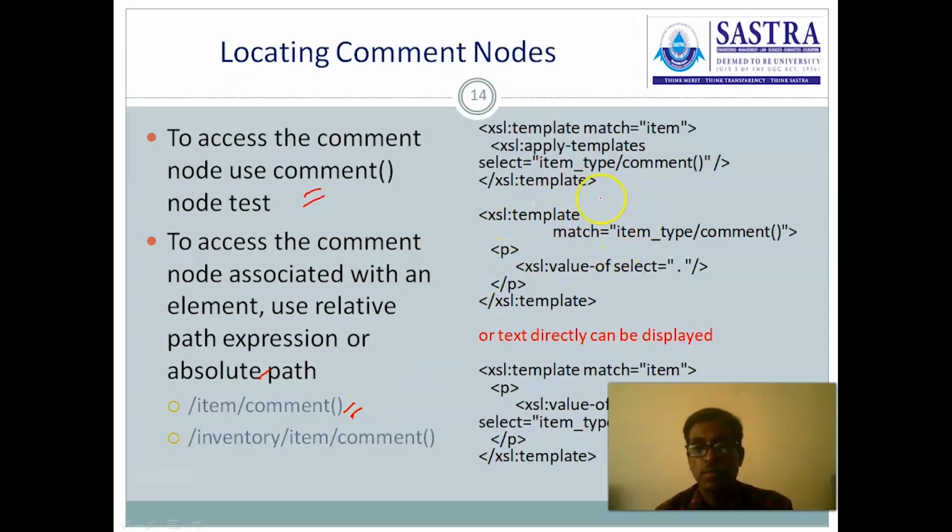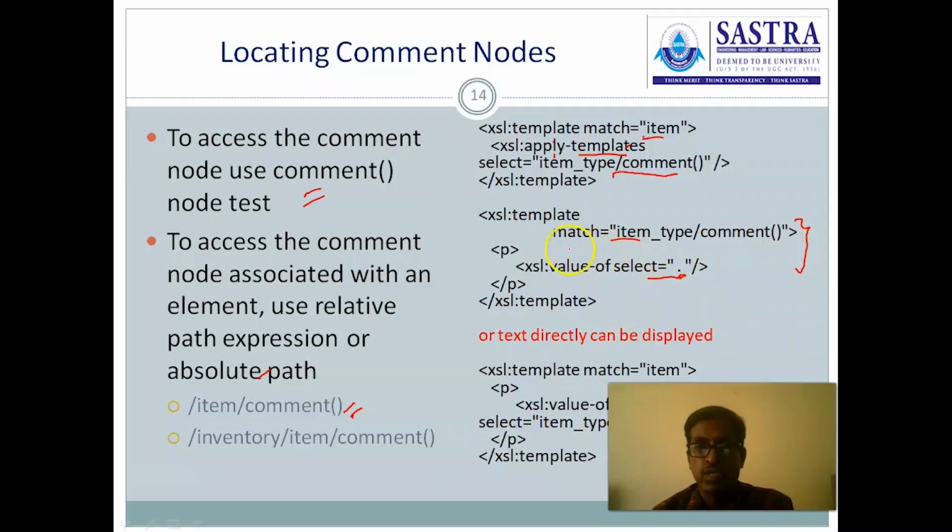See here in this example, template match equal to item, and then I want to apply the template in item type where I can make use of the comment function: match equal to item type/comment and select dot. As I said previously, this is a relative path. First we need to specify the current context, and then from the current context we need to select all.